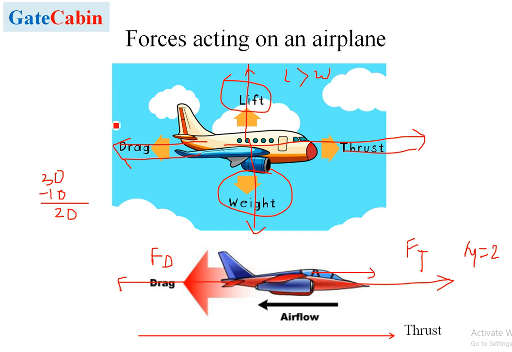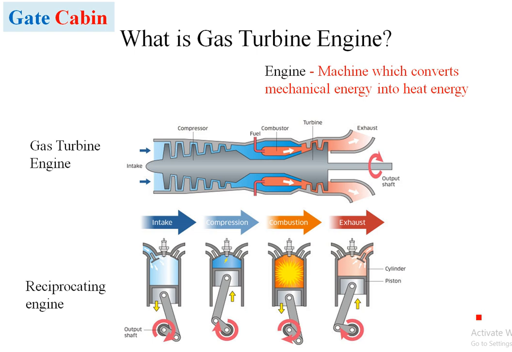The idea of a gas turbine engine or propulsive unit, here you can see, is for the engine to push the aeroplane in the forward direction. In our car or bike engines we use a different kind of mechanism. Here we will compare two types of engine.